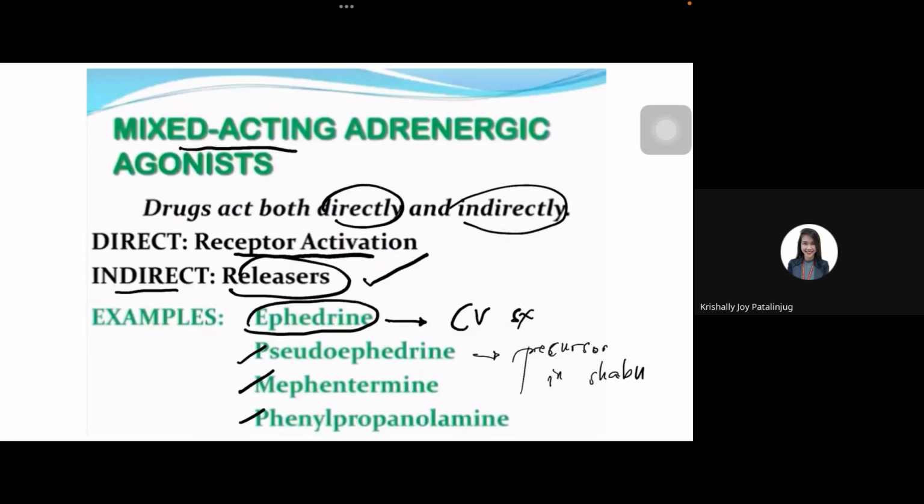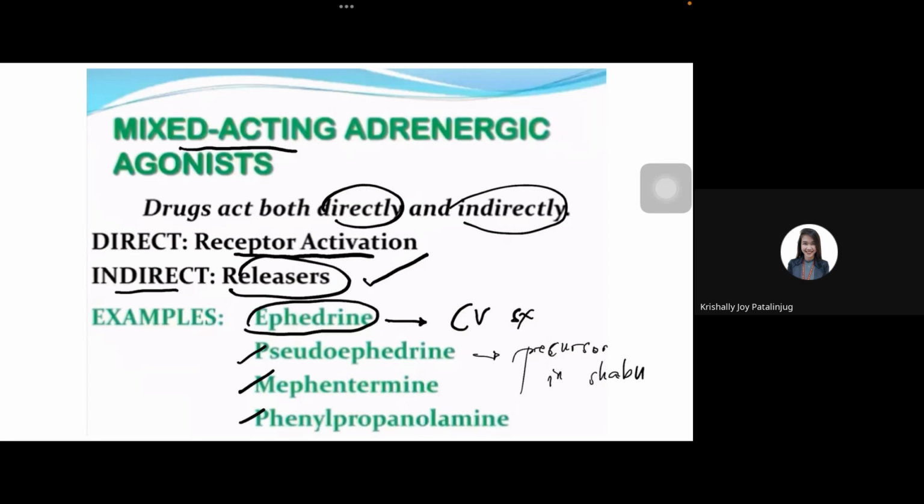So again, we have the natural catecholamines and the alpha beta agonists. They fall under direct acting. We also have indirect acting. And then finally, ito, mixed acting. So with those slides presented, more on memorization of the names of drugs.